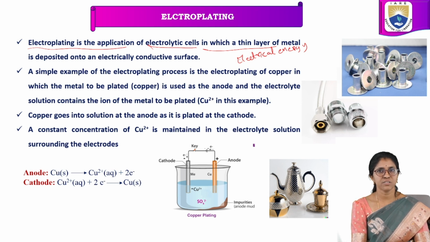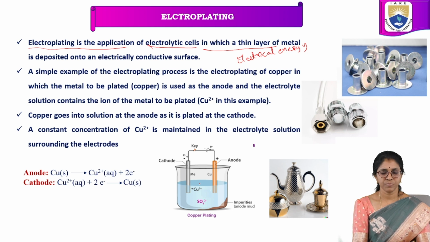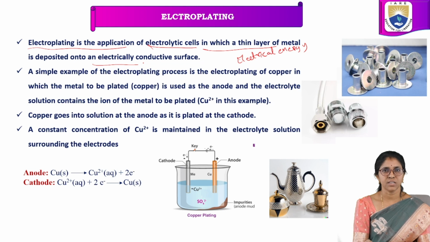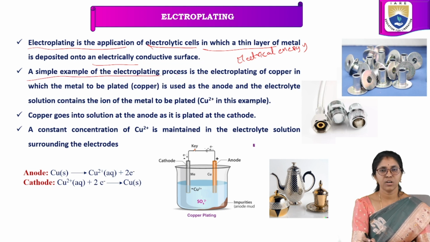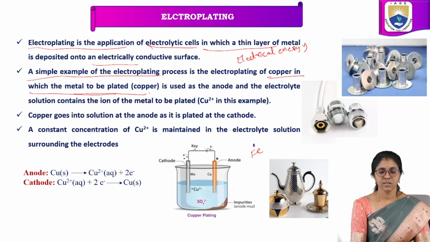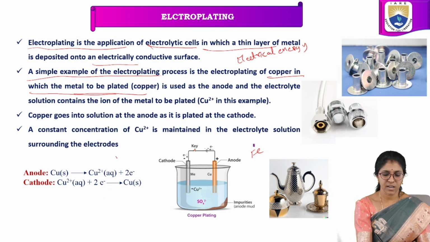A simple example of the electroplating process is electroplating of copper on other metals, such as iron. Here the coating metal is taken as the anode.